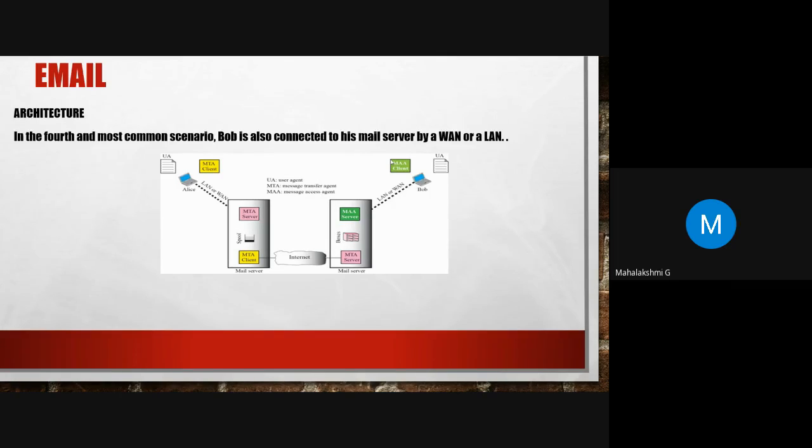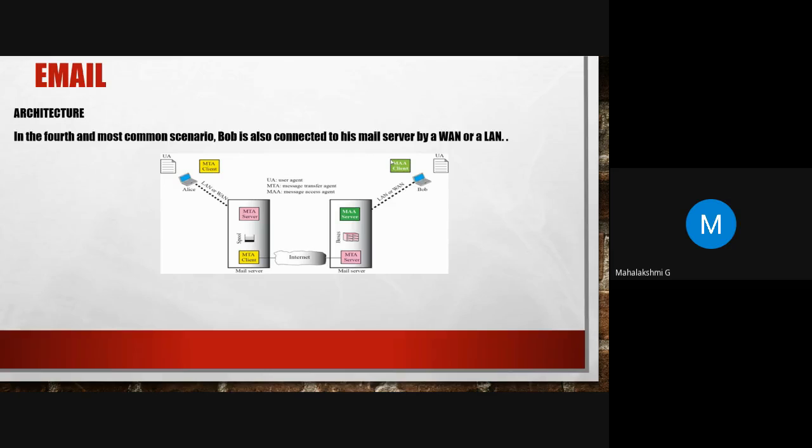This implies that Bob must keep his computer on all the time, if he is connected to his system through a LAN, or if he is connected through a WAN, he must keep the connection up all the time.